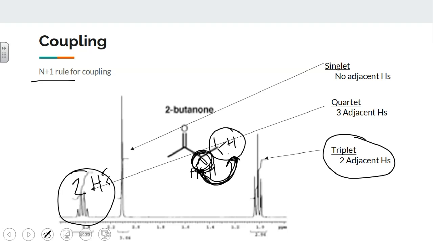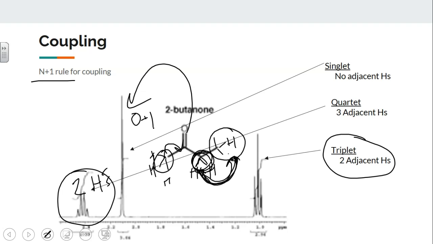Now let's look at this methyl group right here. There are 3 hydrogens on it, 1, 2, 3. But those hydrogens are not next to a carbon with any hydrogens on it. So this is a singlet, because it's next to a carbon with 0 hydrogens: 0 hydrogens next to it, plus 1.